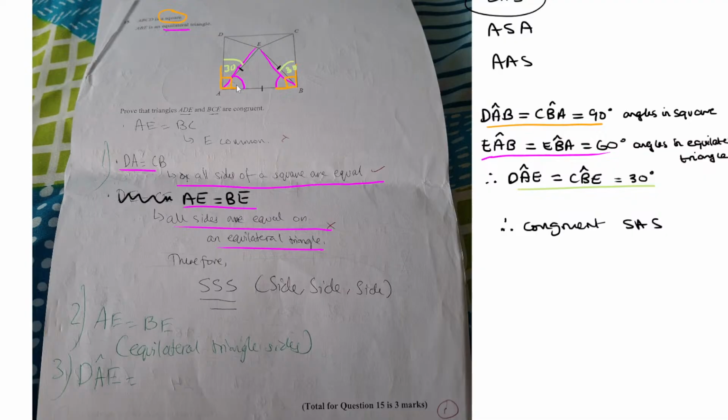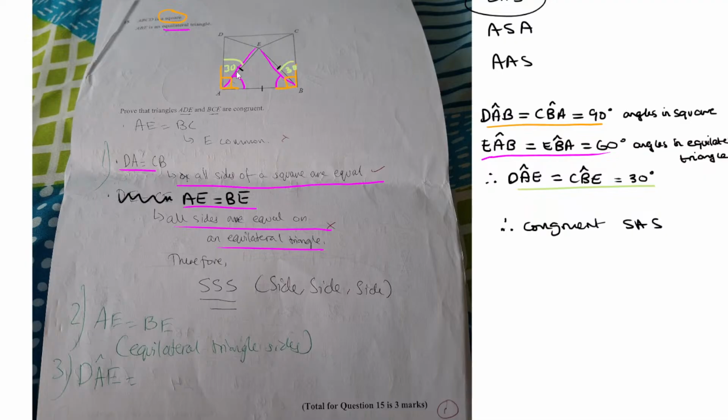If the whole angle was 90, and part of it's 60, the other part, which is actually in the triangle I want, triangle ADE, the green bit, is the only other bit left. Do you see how that would make that 30? Obviously 90 minus 60 is 30. I don't think you necessarily have to work out the numbers, but I'm just demonstrating.